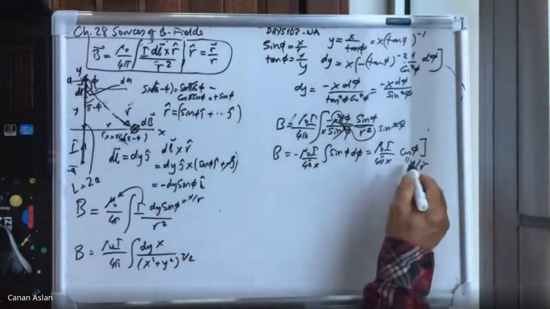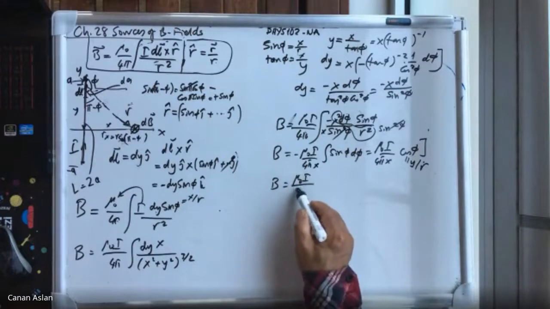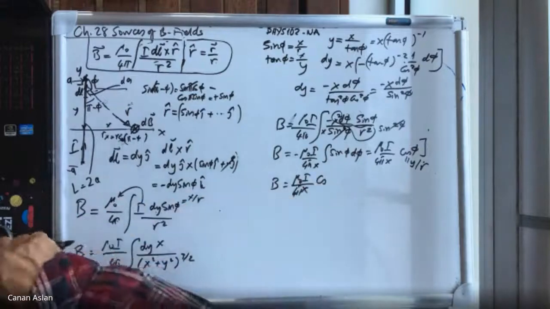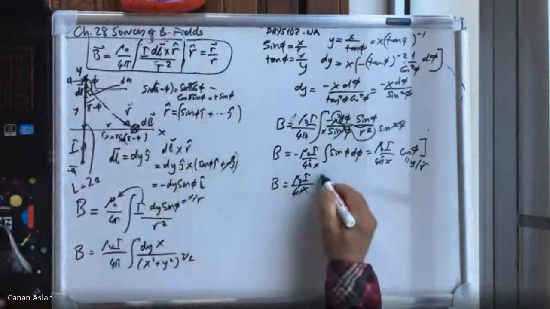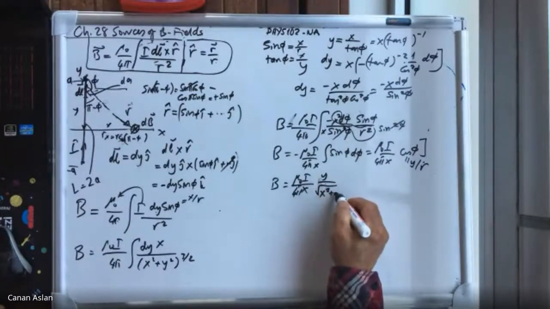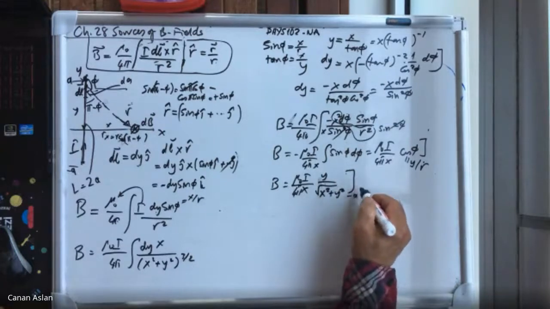In this case, B will be equal to mu 0 I over 4 pi x, and instead of cosine, now we are writing y over square root of x squared plus y squared, which is r. Now the limits we can place from minus a to a.